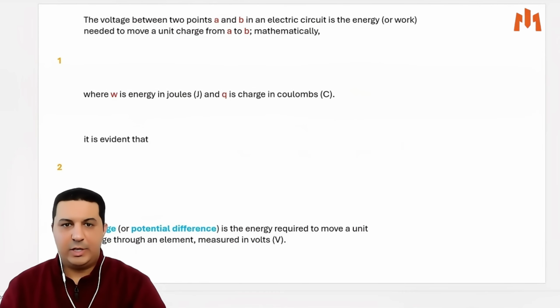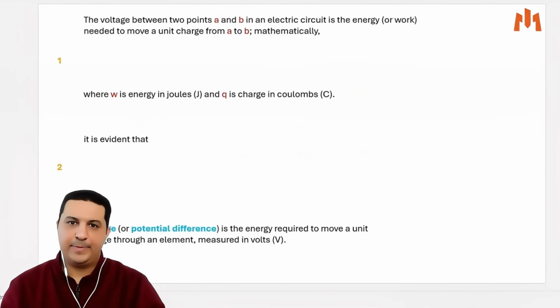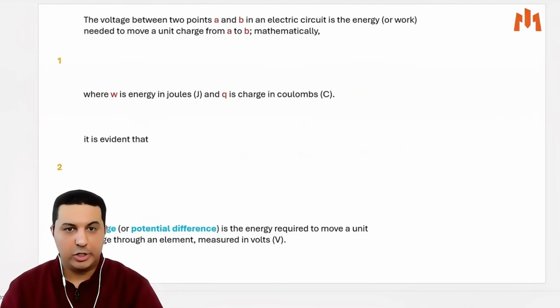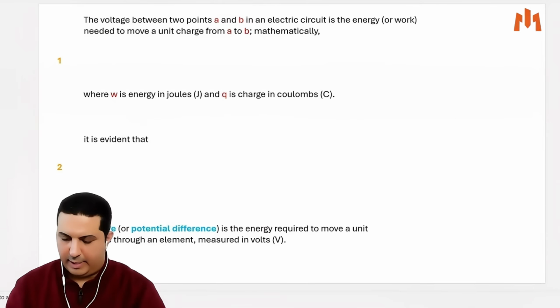The voltage between 2 points A and B in an electric circuit is the energy or work needed to move a unit charge from A to B. Mathematically, we have this.